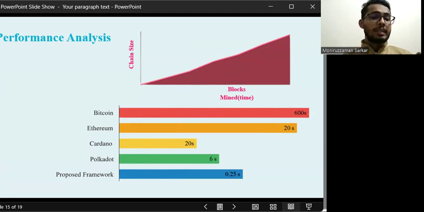As we see here, Bitcoin takes around 600 seconds, Ethereum takes 20 seconds, Cardano takes 20 seconds, and Polkadot takes 6 seconds, whereas the proposed framework takes only 0.25 seconds. So from this graph, we can easily understand that the proposed framework performs really well, and it improves mainly due to off-chain storage using IPFS.